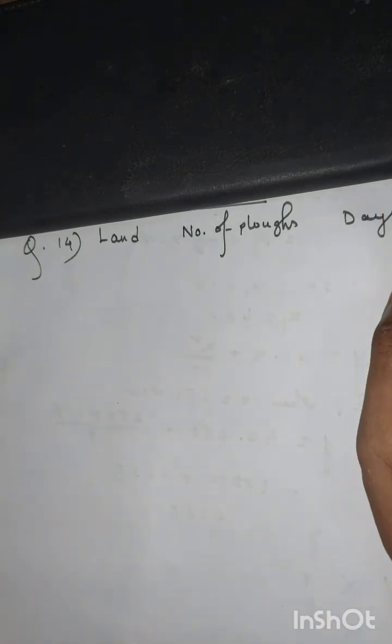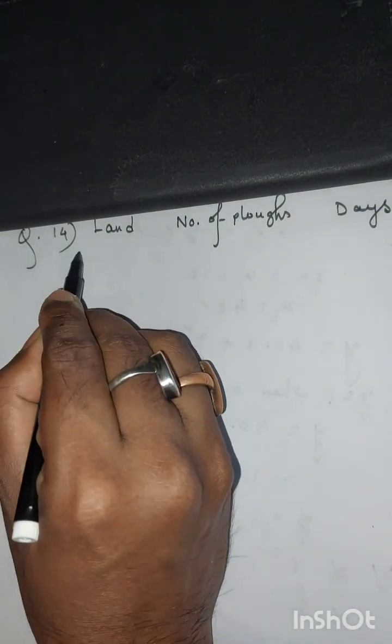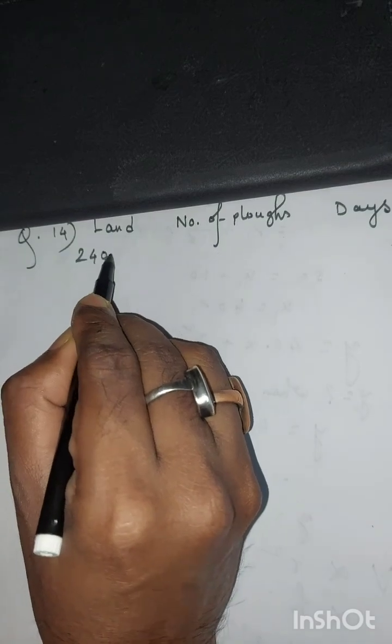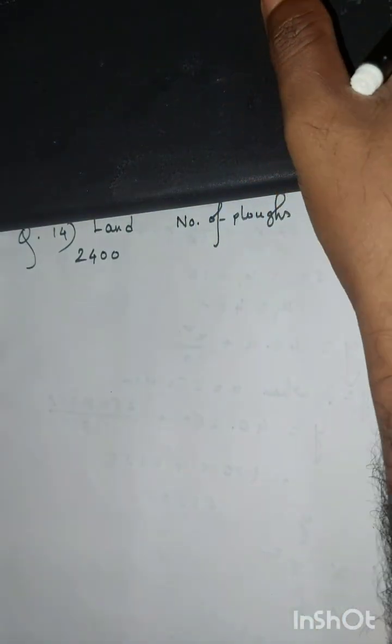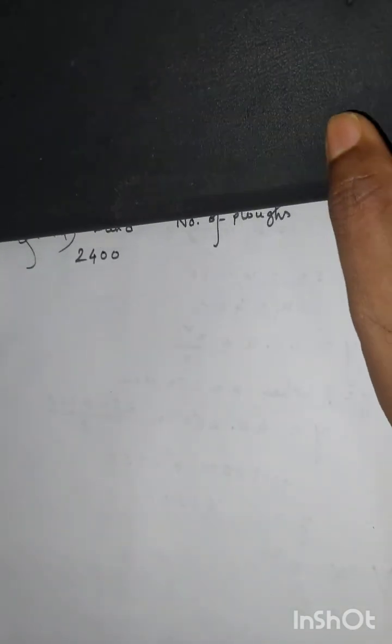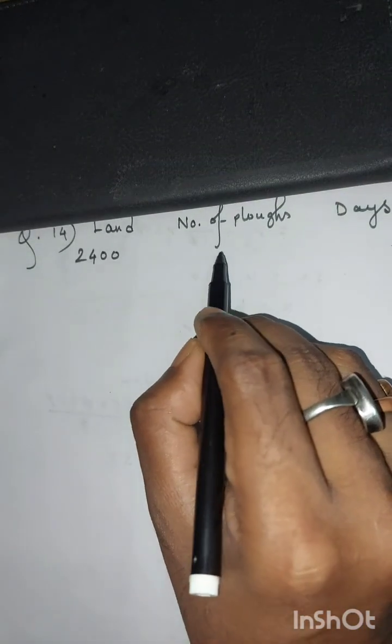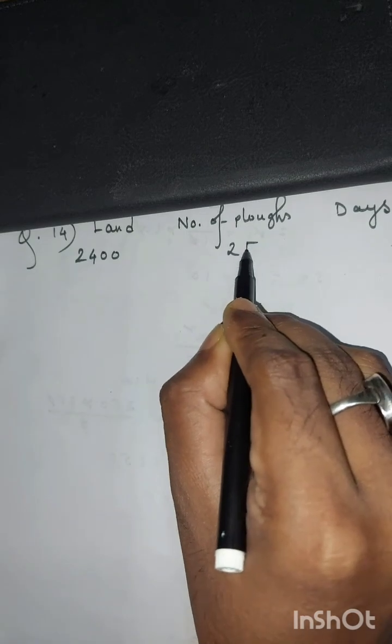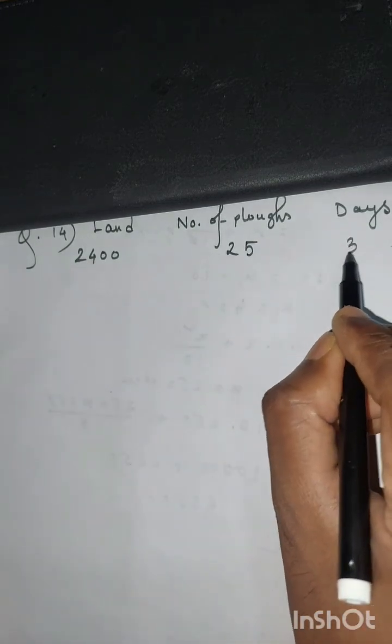The first condition says we have 2400 bighas of land and number of plows 25, days required 36.